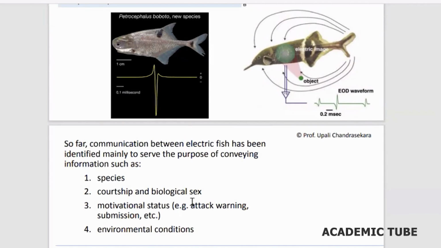Then to identify the sex, then its mental status, its motivational status, attack warning, then the submission, etc. Then again it is somewhat related to the electric field that they generate, right? And then also to detect the environmental conditions, they use the electric field, right?